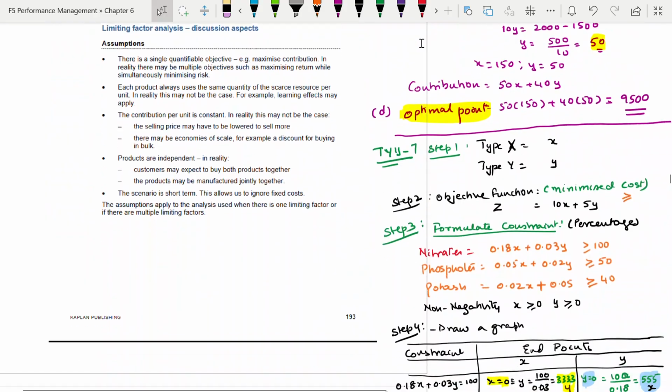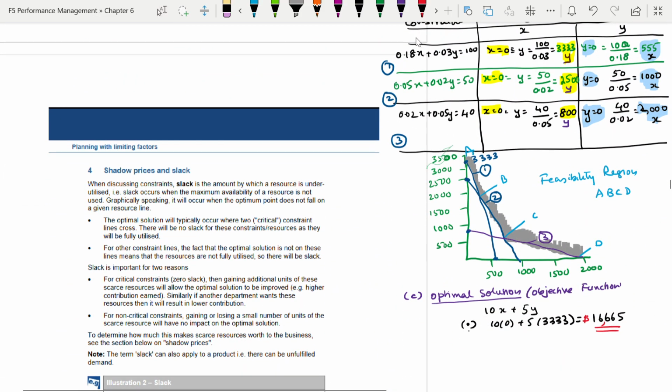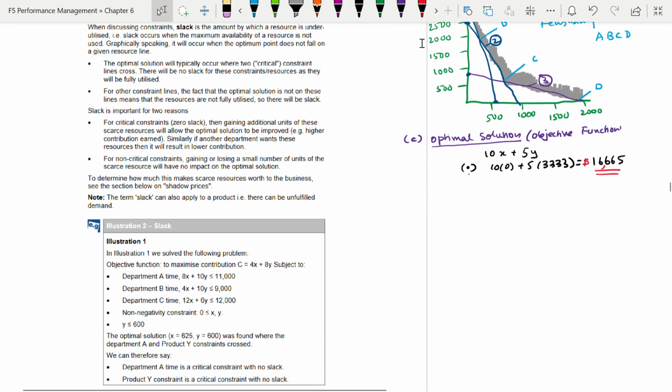In the same way, here we have two equations: 0.18x plus 0.03y equal to 100. These two equations we will take as simultaneous equations and solve.